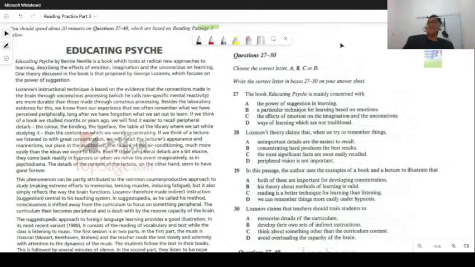Okay, so when it comes to the multiple choice question, it basically works the same way. The only difference is that you need to focus on the answer options that you are given.